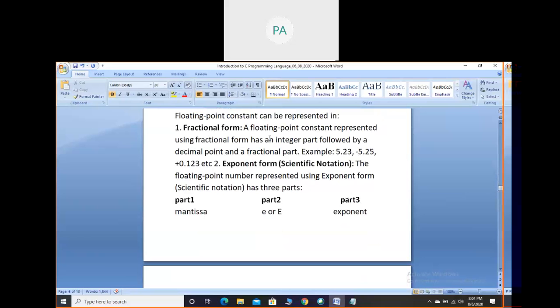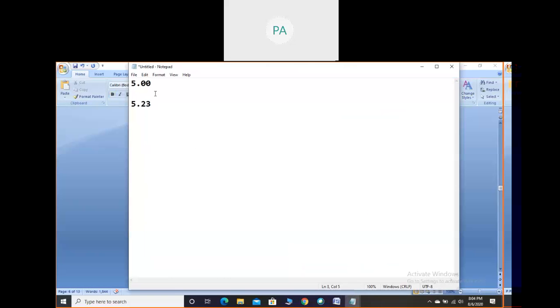Fractional form of a floating point number: a floating point constant represented using fractional form has an integer part followed by the decimal point and a fractional part. So the very basic definition of floating point is only that.